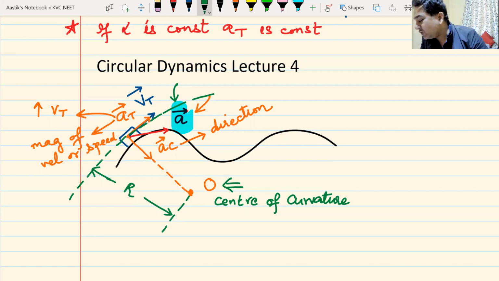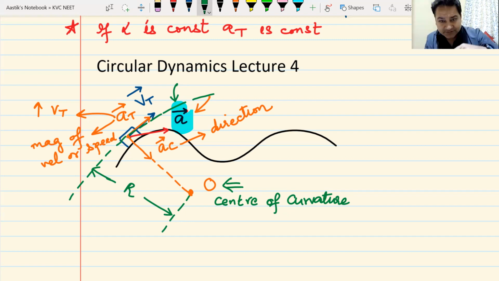What will I call this radius? Common sense. Physics is completely common sense. Either the names are based on common sense or they are based on the scientists that have found them out, like Newton's law. Or else it is based on common sense.